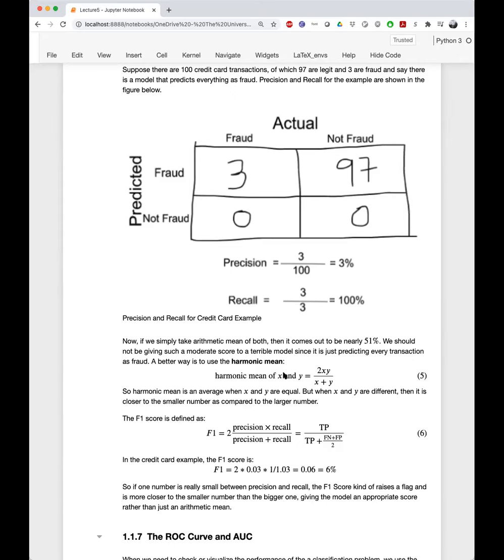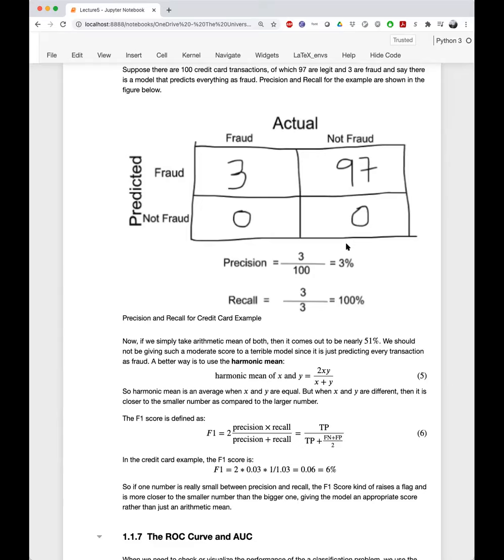For example, if x is 3% and y is 100%, let's find the harmonic mean. It's 2 times 100%, that's 1, times 3%, that's 0.03, divided by 1 plus 0.03, that's 1.03. So it's about 6%. That gets closer to the smaller one, right?